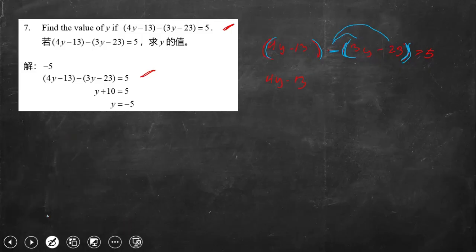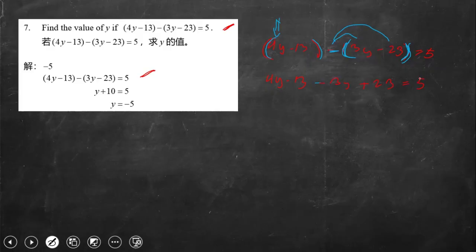You can just remove the parentheses here because there's nothing preventing you from doing it. But for the second one, we have to distribute the minus sign. So minus 3y, and then plus 23 equals 5. From here, you can add the like terms and then solve for y.